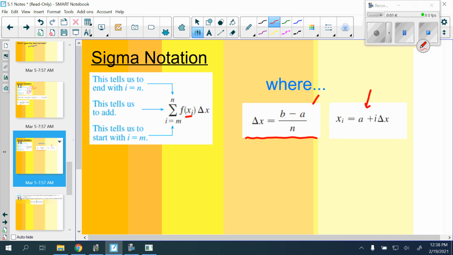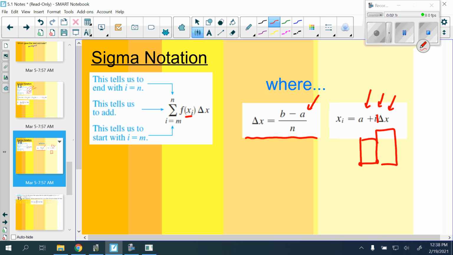That's the same a we see here, wherever we're starting, plus the change in x, and then we increase that each time by i. So whatever i number you're putting in, that would be the amount you're going over. So on the first one, it would be your starting point plus that change in x once. That would give us your first rectangle.